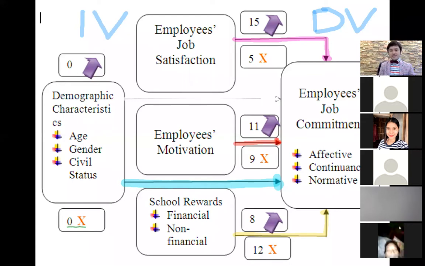Tapos, in research, that is represented by the arrow. Itong arrow na nakikita nyo, may arrowhead na yan. Pero if it is a single line, direct line, hindi siya effect, hindi siya influence, hindi siya impact. Ang ginagamit lang sa kanya ay relationship.